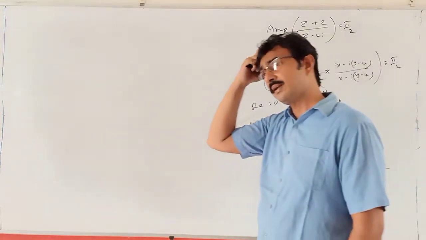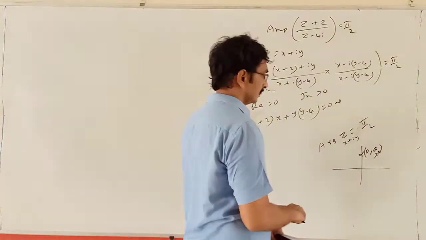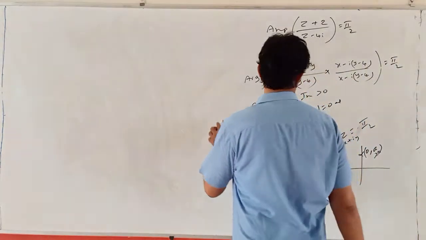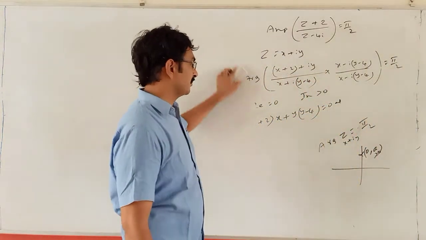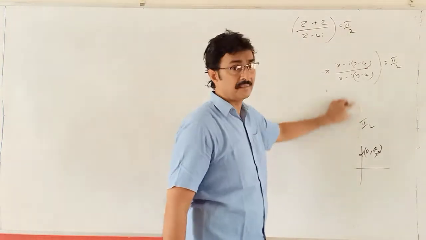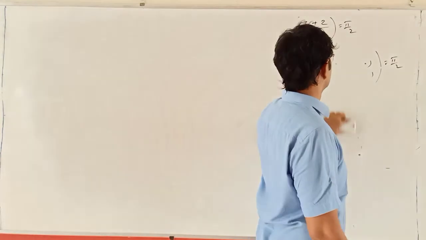So simplify and see the options. Don't forget that the argument of the complex number being 5π/2 means not only is the real part 0, you must also apply the second condition, that the imaginary part is positive.